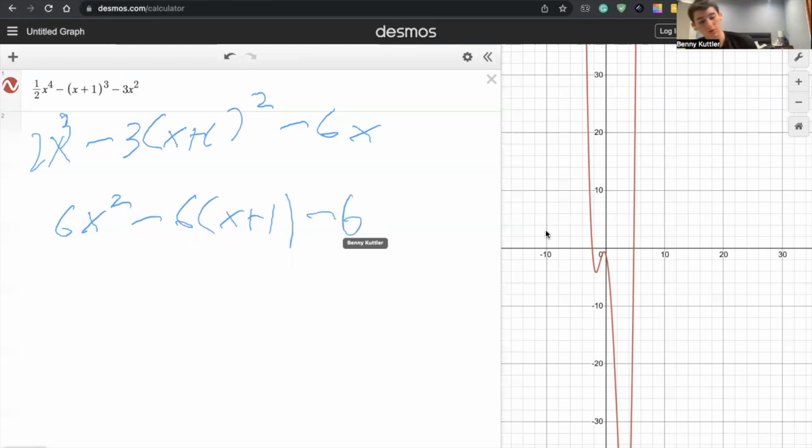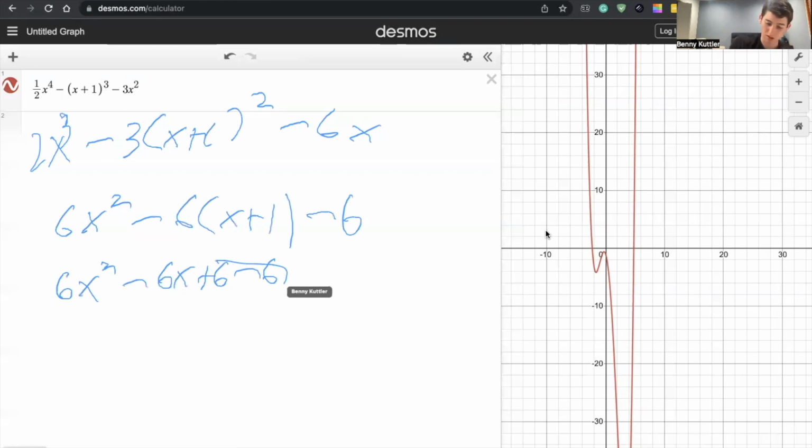And this is our function. So we want to see where this changes direction, or where this changes signs, so we can find the intervals of concavity. So when we multiply this out, we get 6x squared minus 6x plus 6 minus 6. So these two cross out, and we're left with, when we take out a factor of 6x, 6x times x minus 1 equals 0.